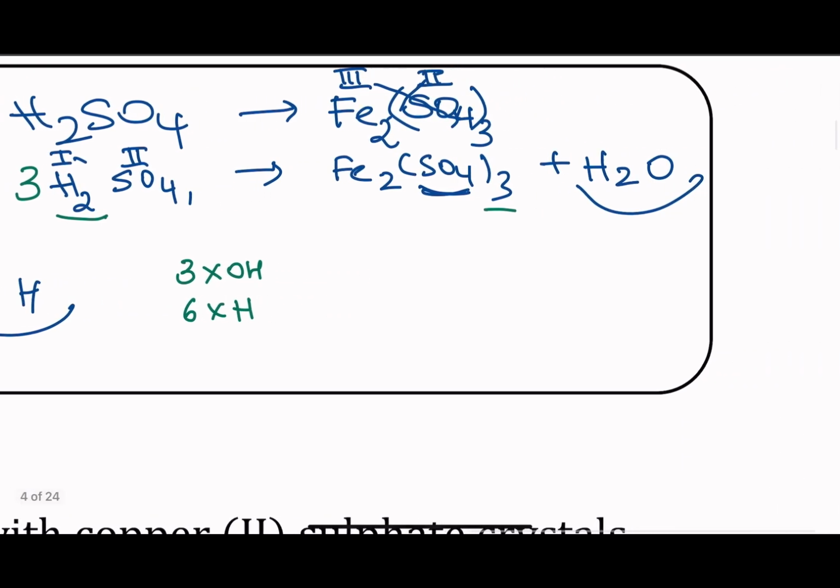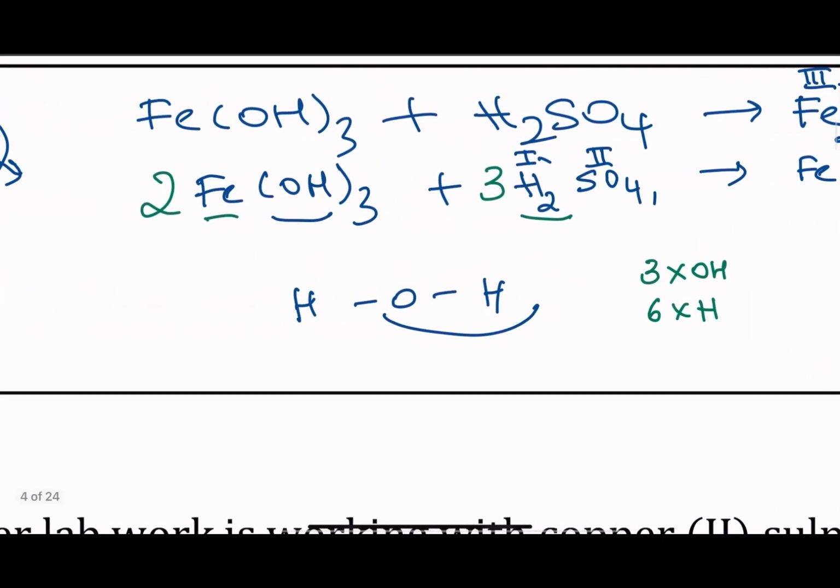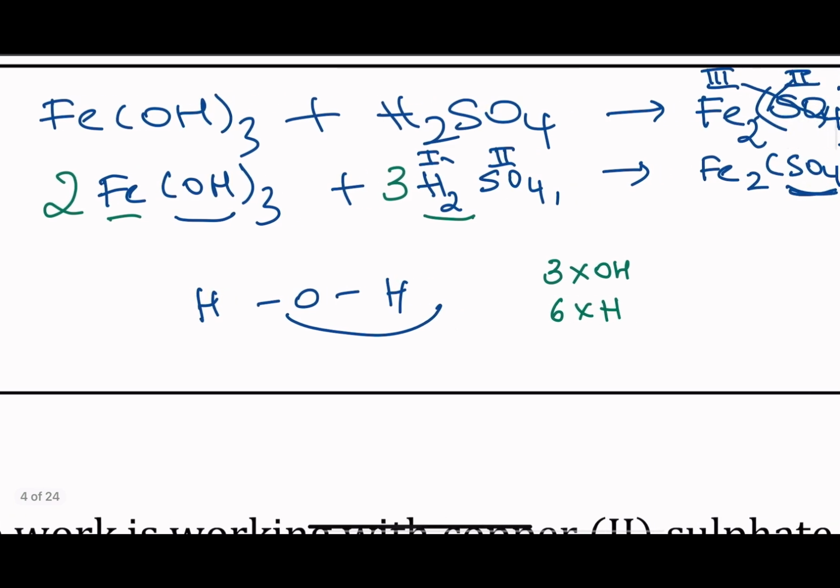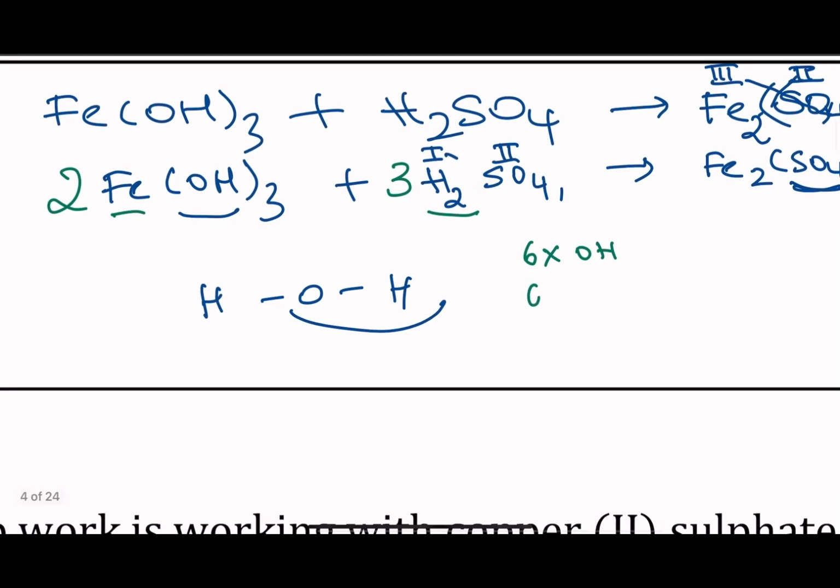And then what do we have here? Sorry, I forgot to write that. I made a mistake. So right now you have 6 OH, and then you've got 6 hydrogens.